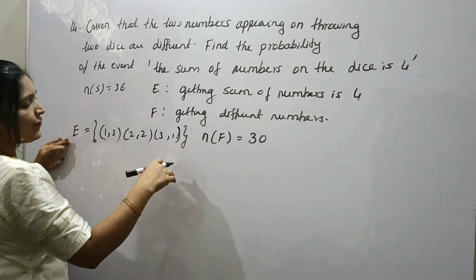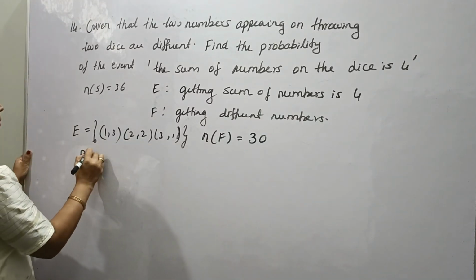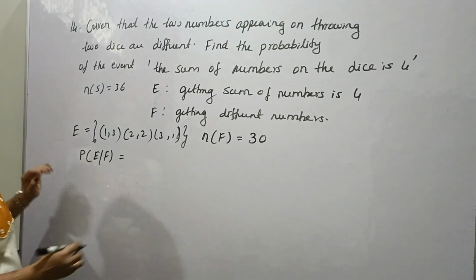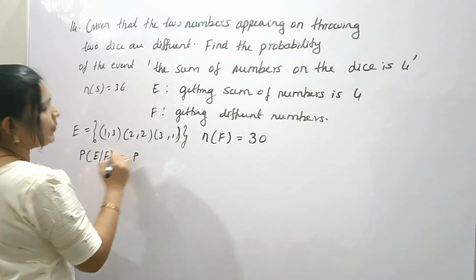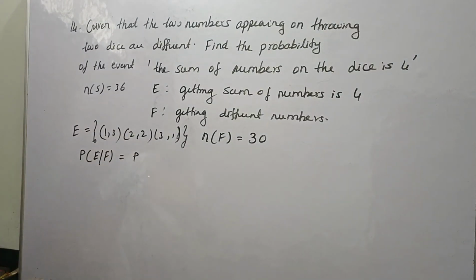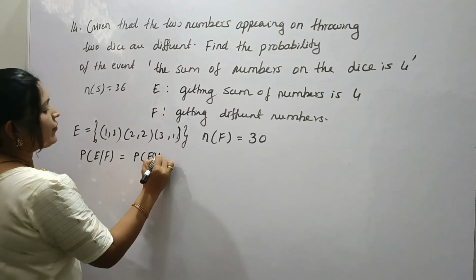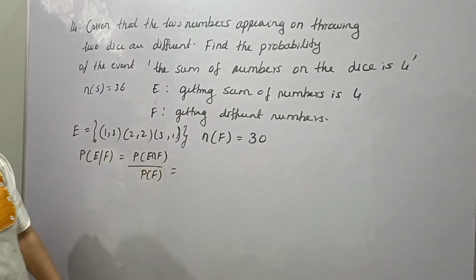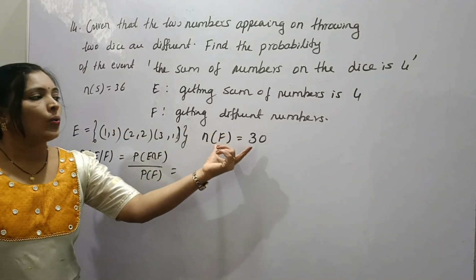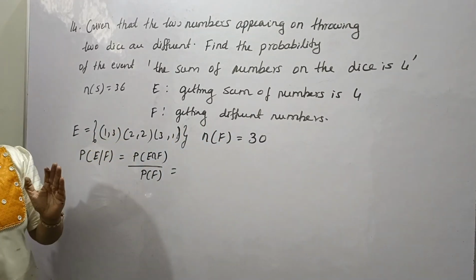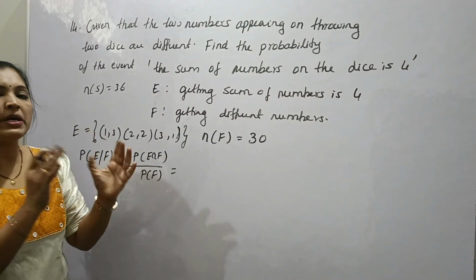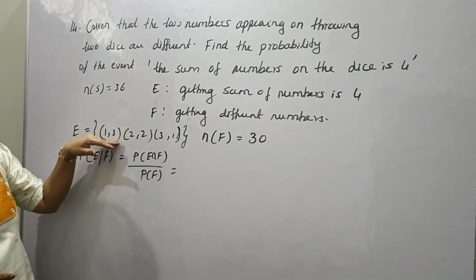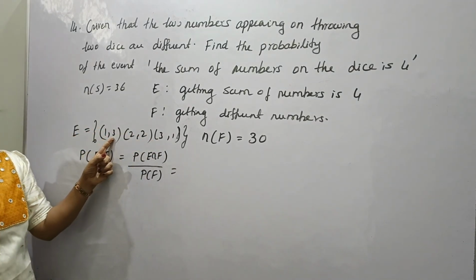Therefore, now let's find what we have to find: the probability of E given F. The probability of E given F is equal to the probability of E intersection F divided by the probability of F. See, what are the elements of F? Different numbers, right? First number and second number should be different. But here, see, what is the intersection? (1,3) is possible, right?